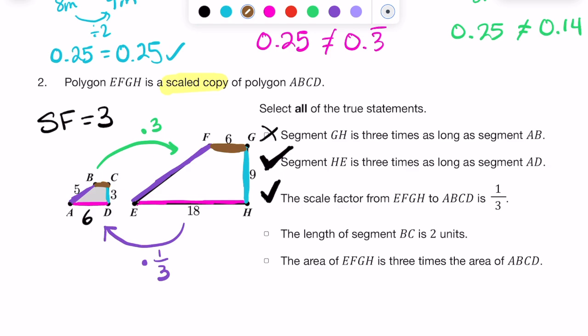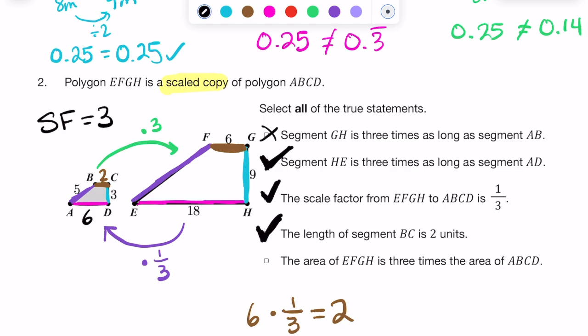FG is 6, so to get from FG to BC, we would multiply by 1/3, going in this direction, or you're just asking yourself, what number times 3 is 6? So 6 times 1/3 equals 2, or 2 times 3 is 6. So, yep, BC is going to be 2 units. That is correct as well.